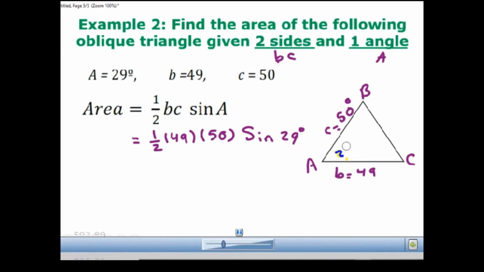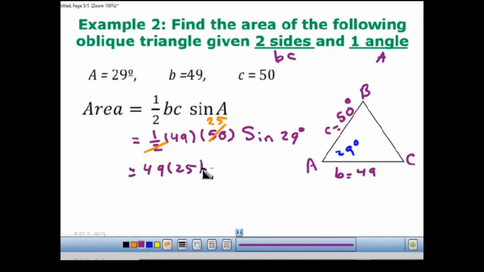So basically, I'm just making use of this formula here. 1/2 base times height, and as always, I simplify before I multiply the 2 and the 50. That's going to give me 25. It's not a huge difference, but that's less fraction. So now I am looking at 49 times 25 times the sine of 29 degrees.